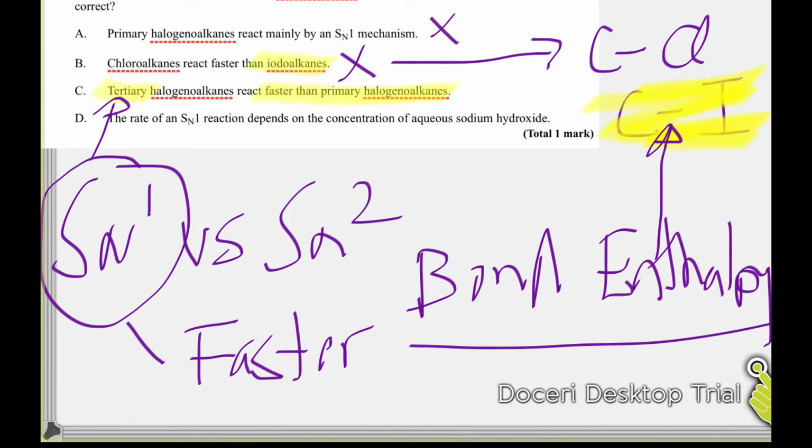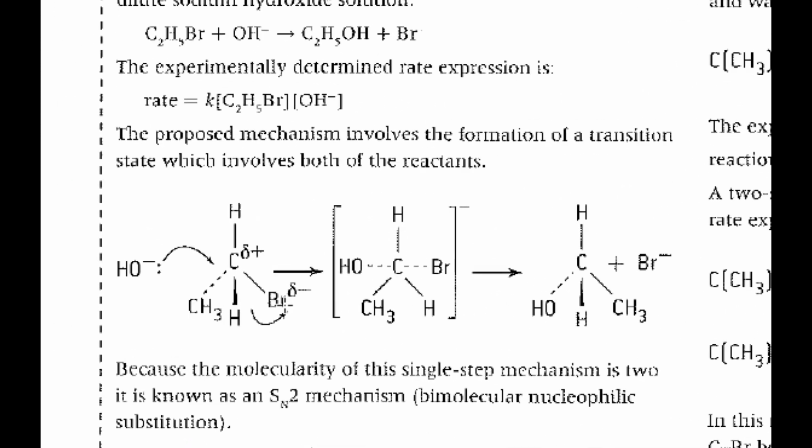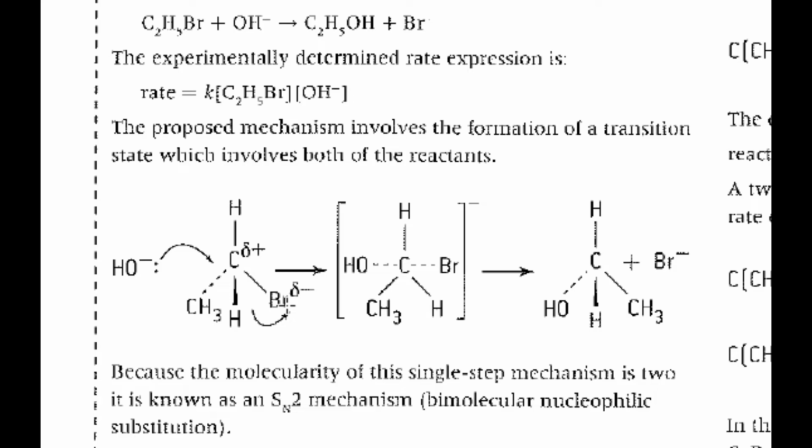And why is that? It's because of the transition state. If you remember, the SN2 mechanism has a transition state. Let's take a look at that again. The SN2 mechanism has this transition state right here.